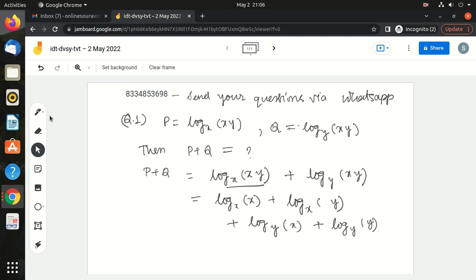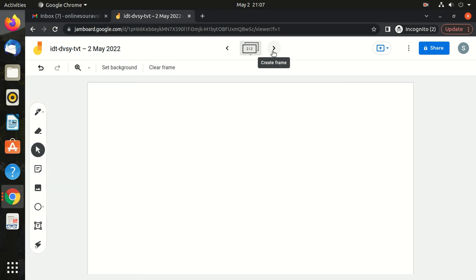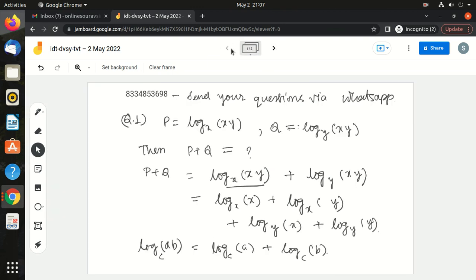Okay. So log of AB, let's say base C, equals log A plus log B. So what I have here, the first thing is equal to 1 plus log x of y.